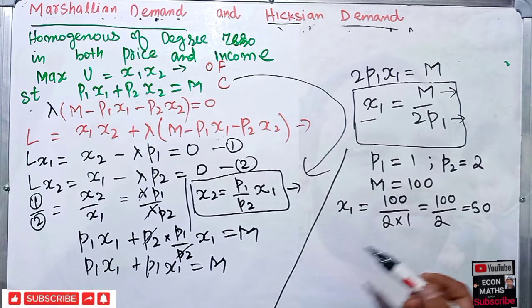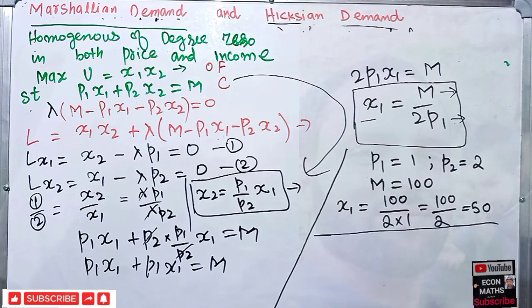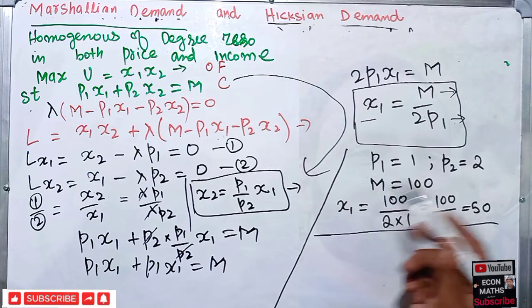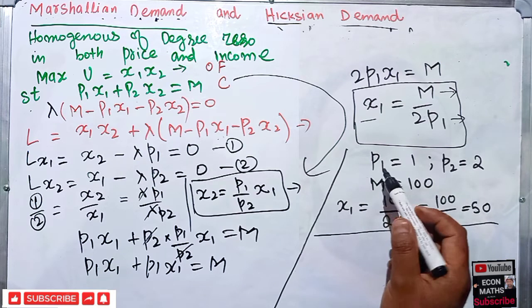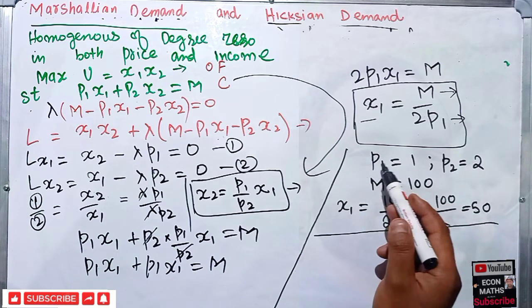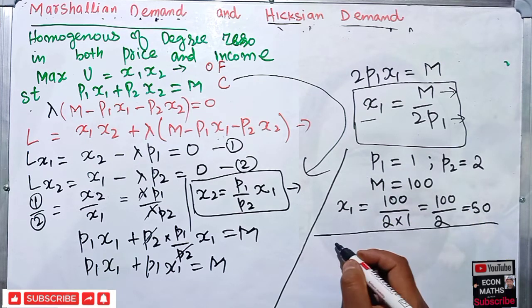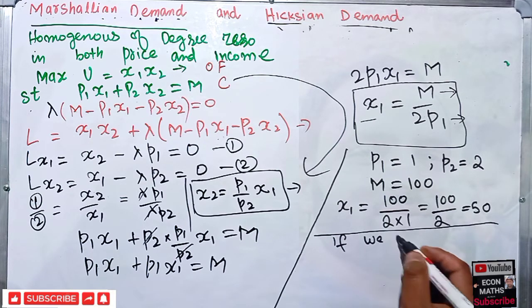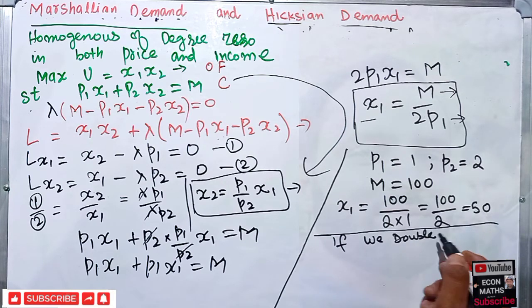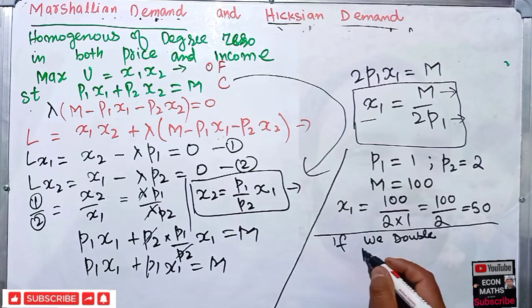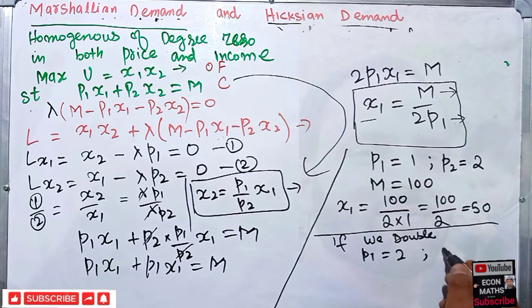Now if we double the parameters, let us say if we double the prices and income, p1 would become 2, p2 would become 4, and m would become 200.